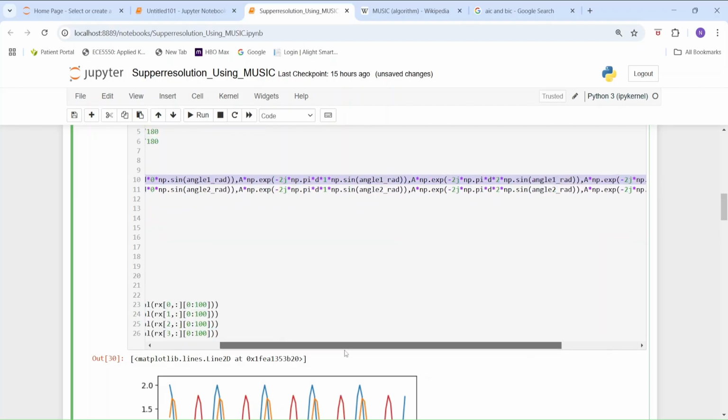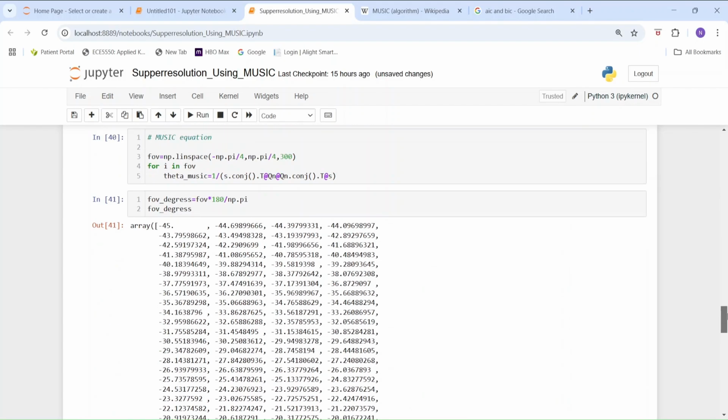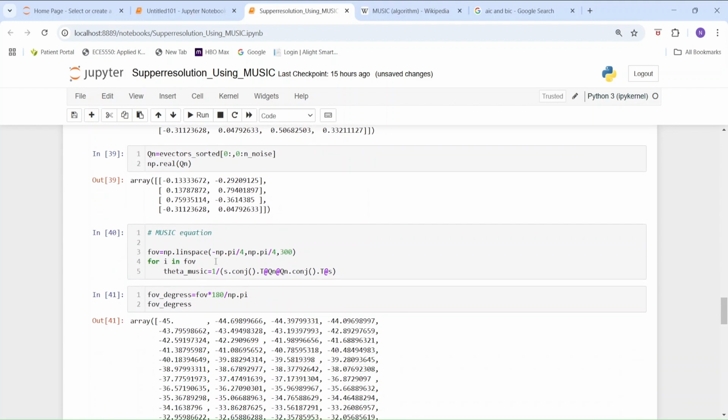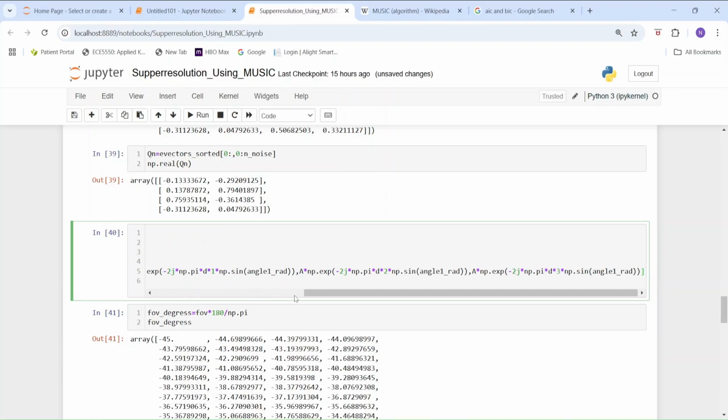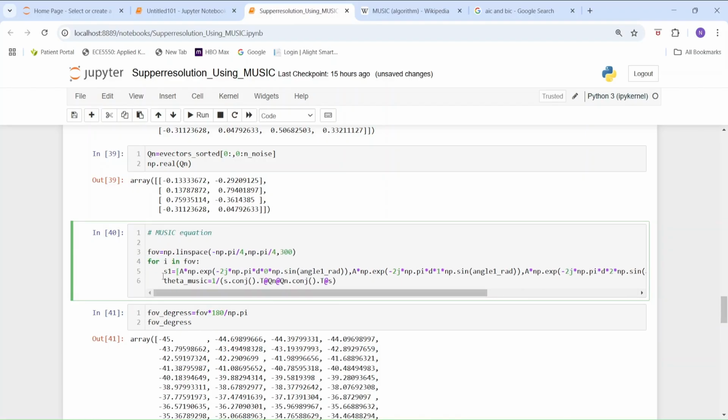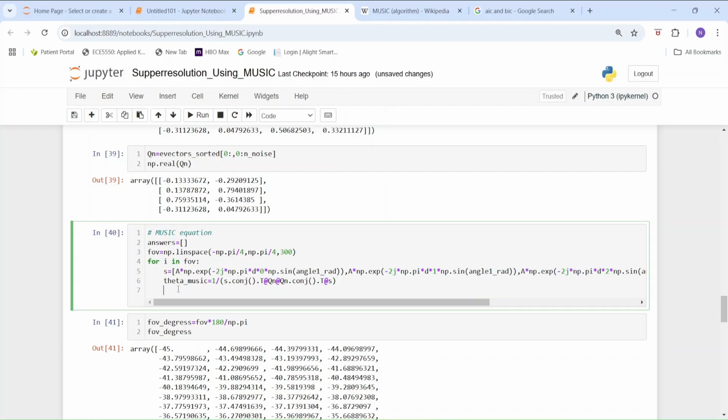I'm copying that part and going to paste it right here, and just going to replace this S1 by S. Okay, so this is our steering vector, and Qn is already there, so everything is defined, right? But we are going to have 300 points, and we need to have some container to keep all these values, right? So let's say answers is an empty array right here.